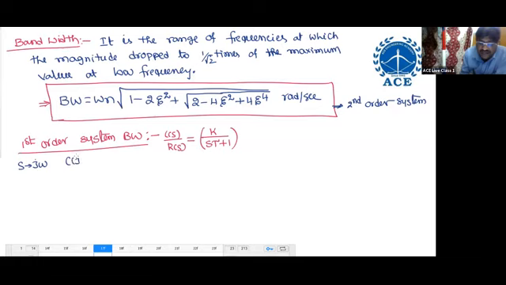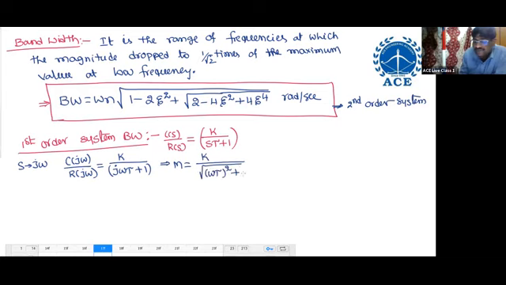So C of J omega by R of J omega equal to K by J omega tau plus 1. Write the magnitude: K by root of omega tau whole square plus 1, at bandwidth.